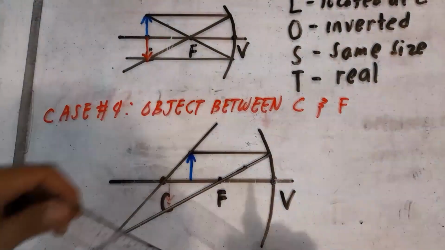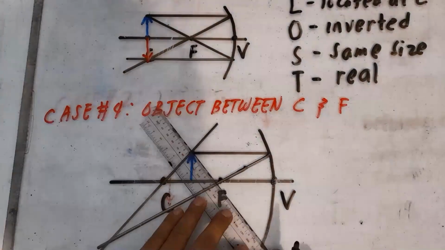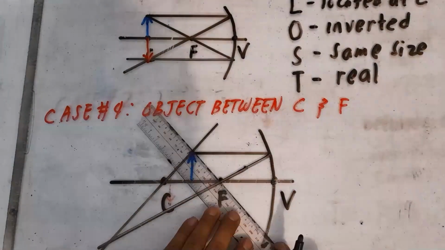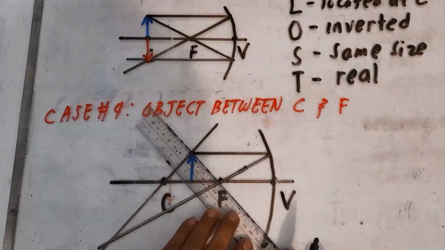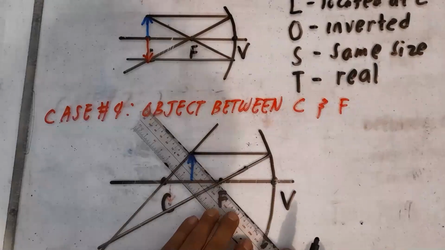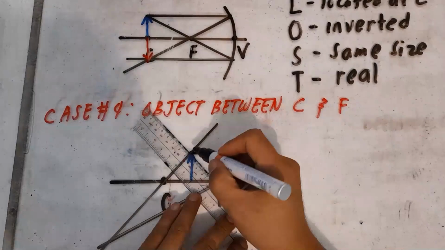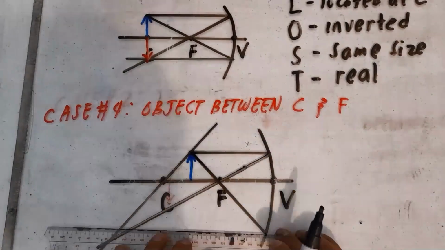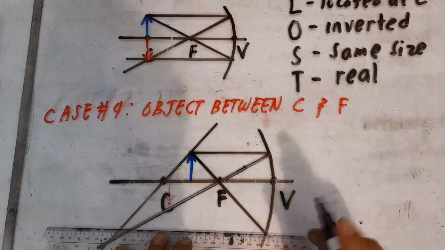And the third light ray is a ray passing through the focus, and reflected parallel to the principal axis.